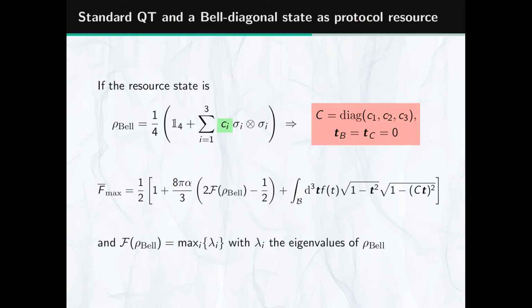And the marginal states are maximally mixed, basically the identity. The good news here is that for this set of resource states, we know the explicit expression of the fully entangled fraction as a function of the eigenvalues of your resource states.